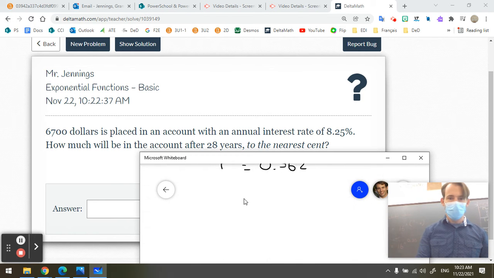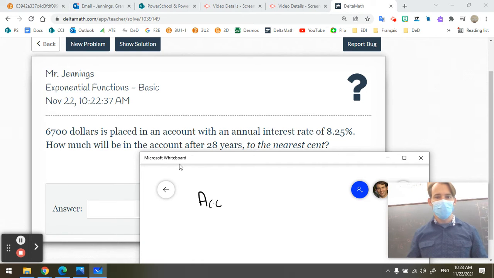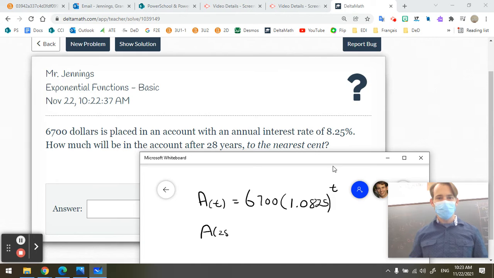Some amount is a function of time, and that's equal to 6700 multiplied by the growth factor, which is 1.0825. I get 8.25% there, so that's 1.0825. Remember, 1 plus this as a decimal, raised to the power t. And I've been asked to find A at 28.